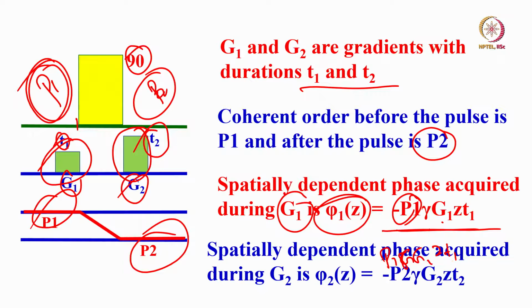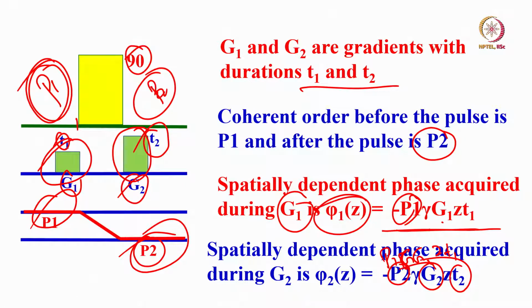Now, what happens to the phase immediately after the pulse? Now it is P2. The coherence order is P2. In the same way you can calculate the phase acquired after the pulse by G2. The coherence order is P2, the gradient is G2 and the duration is T2. That is all, it is simple: two equations.